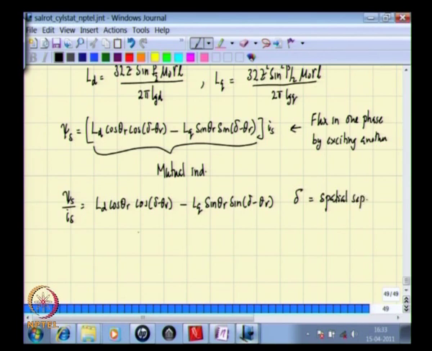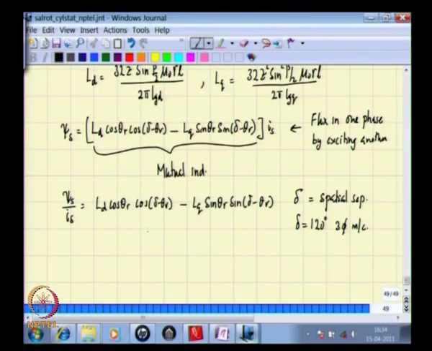Using this expression, we can now derive specific values for the case of a 3-phase machine where normally delta is 120 degrees, and the same expression can be used to derive the mutual inductance between R phase and G phase, R phase and B phase, and G and B also, and that will then help us to write the expressions for the electrical equations for the machines.